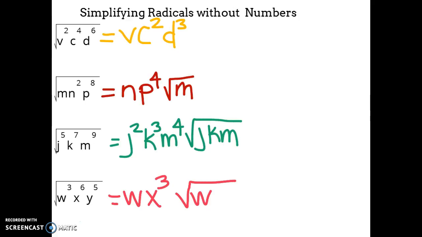Three X's came out. 2 sets of Y came out and 1 Y stayed in. Here's your answer.